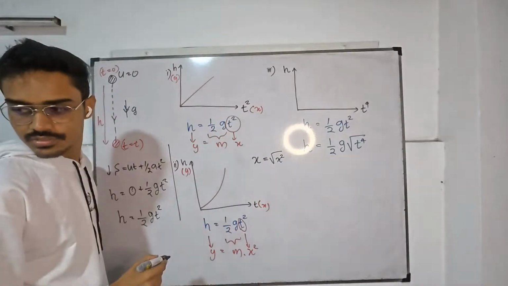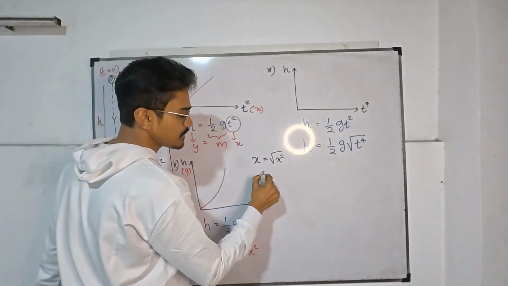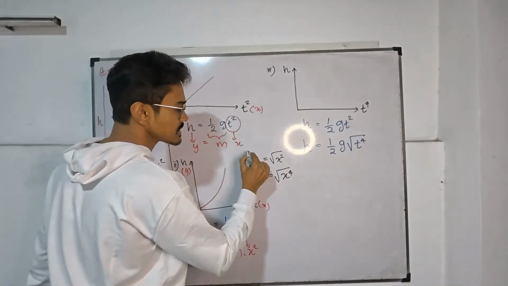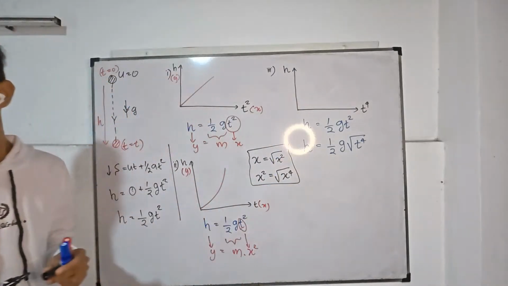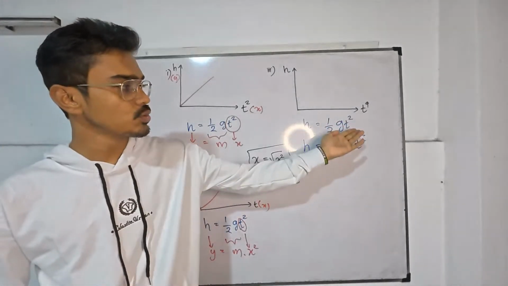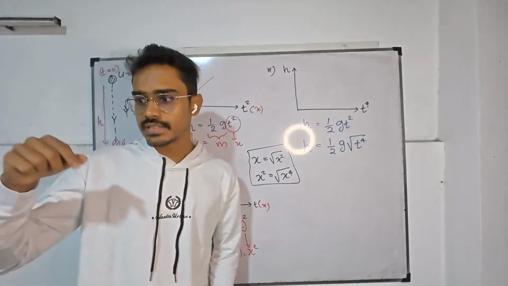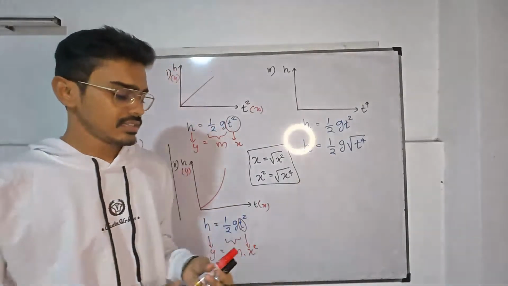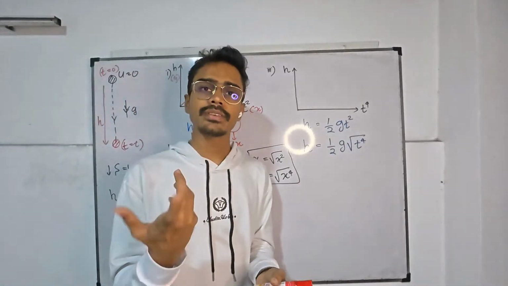So similarly, x squared can be written as root of x to the power 4. So t squared can be written as root t to the power 4. Root is power of half. Then 4 into half cancels. T squared comes again. Change the shape of the equation without harming the equation.